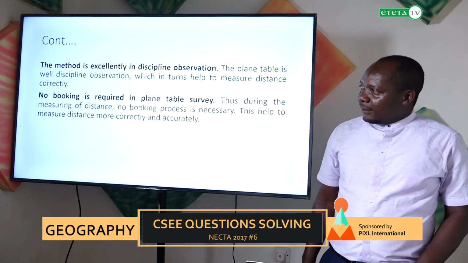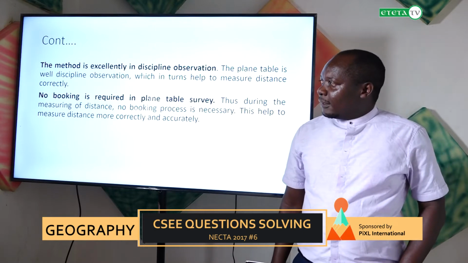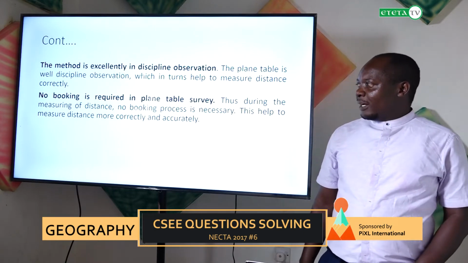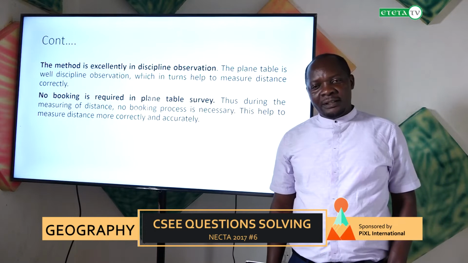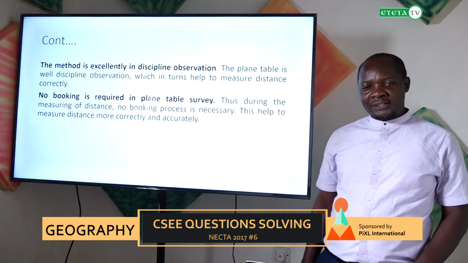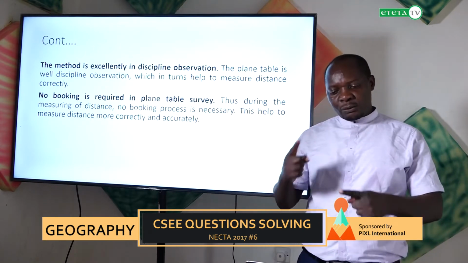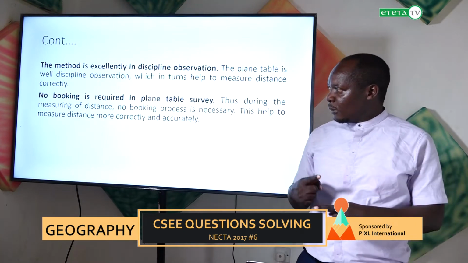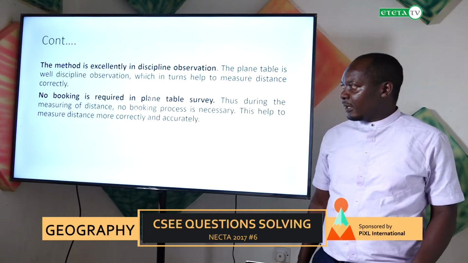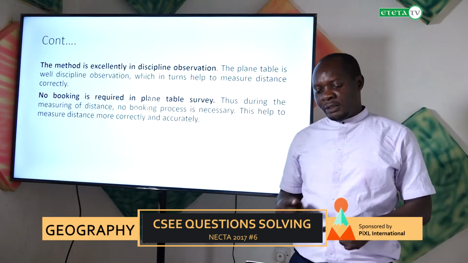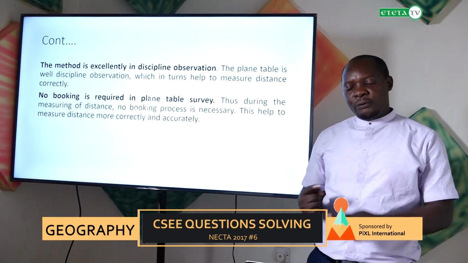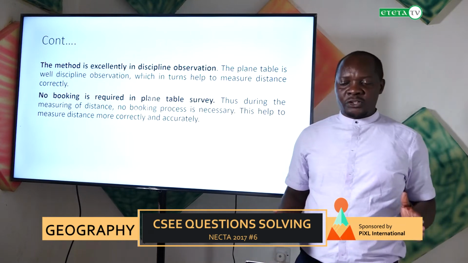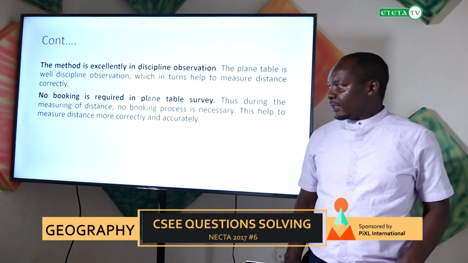Then, no booking is required in the plain table survey. That means booking is not that necessary, because the focus is to fix the distance. The focus is to fix the positions and the point of measurement. So only fixing at the line of intersection is very necessary.